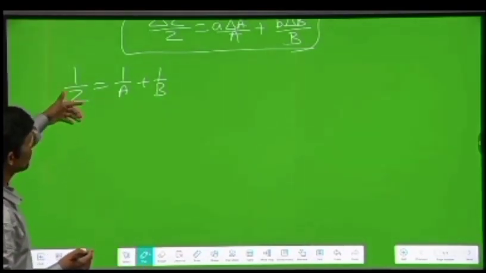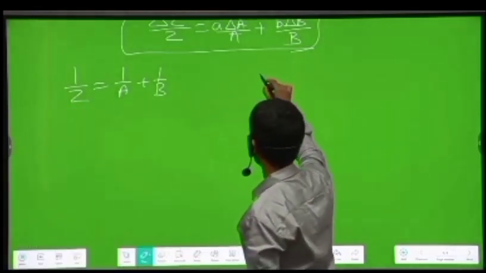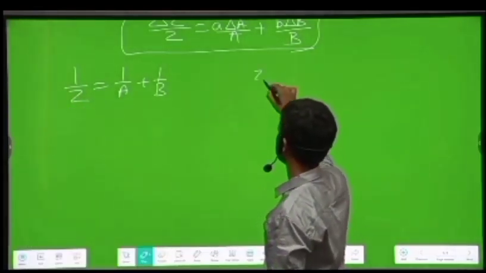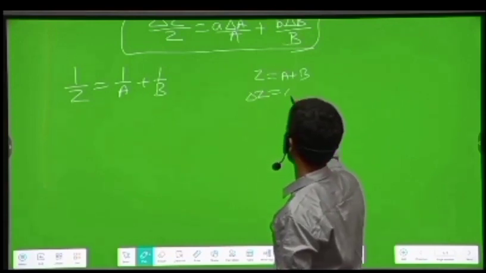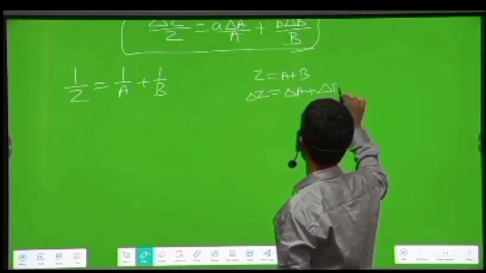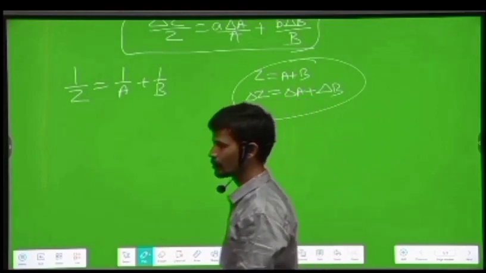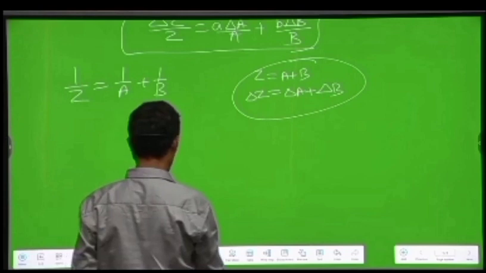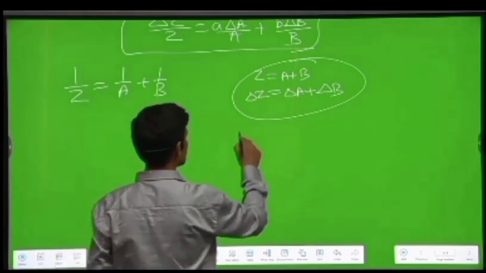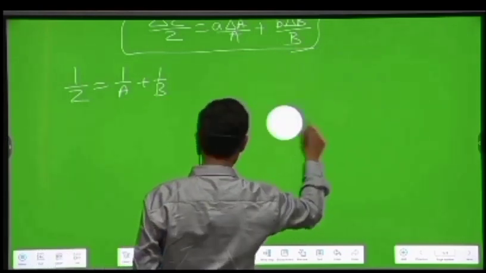We can't do it with this form. This is totally a different idea, a different way to solve this. So how are we going to do it?